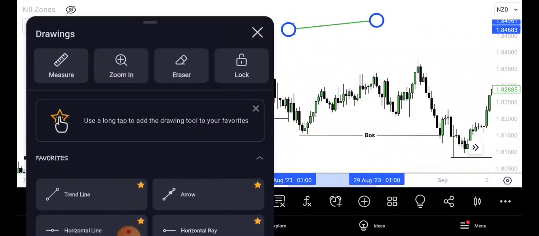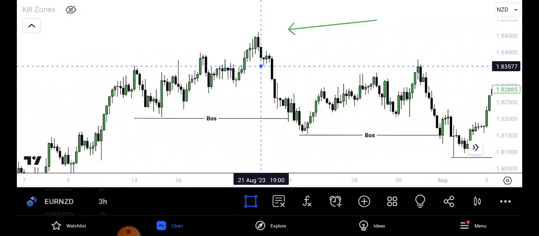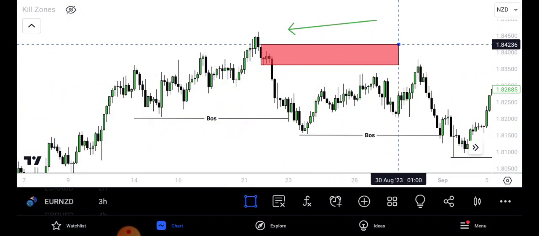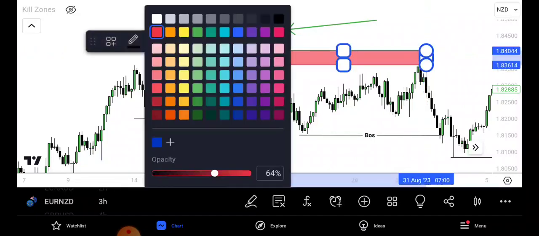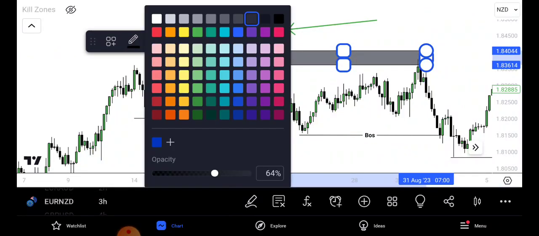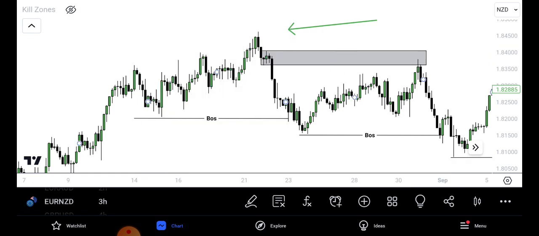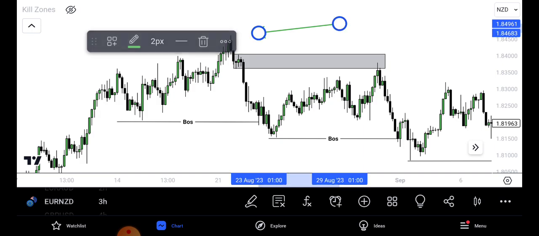That is the refined zone. So I zone it up, right, from this zone here. I zone it up, right? So I'll be using the ash. So let's reduce the opacity.